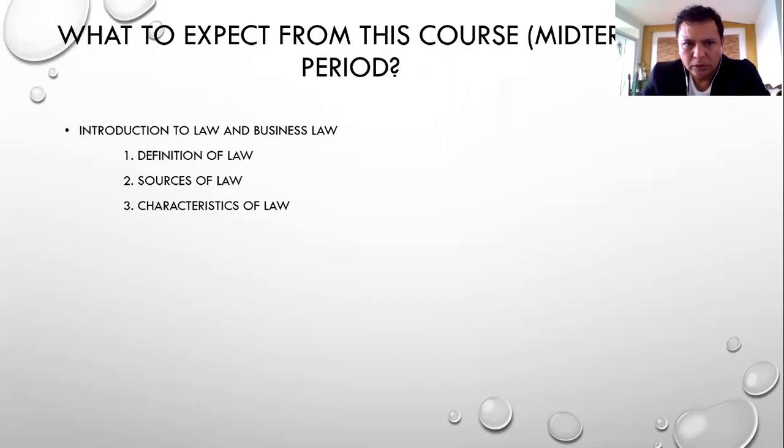So we'll discuss the definition of law, its sources, and characteristics. And there will be other branches of law and the different branches of the government responsible for enacting laws or implementing and interpreting the laws.